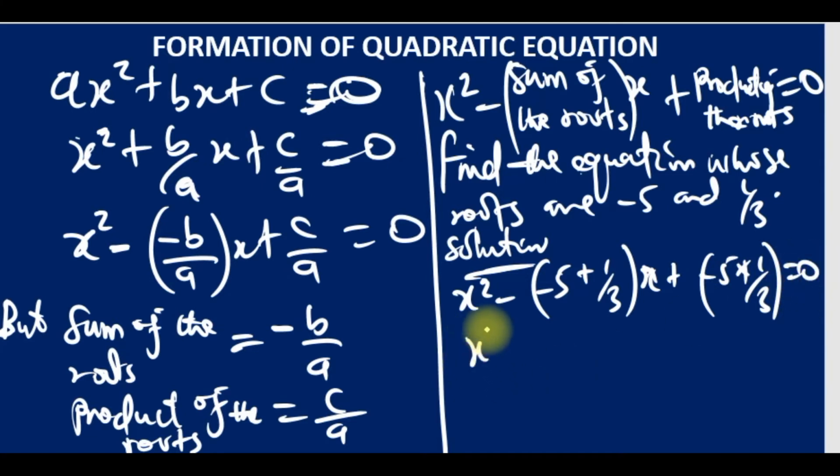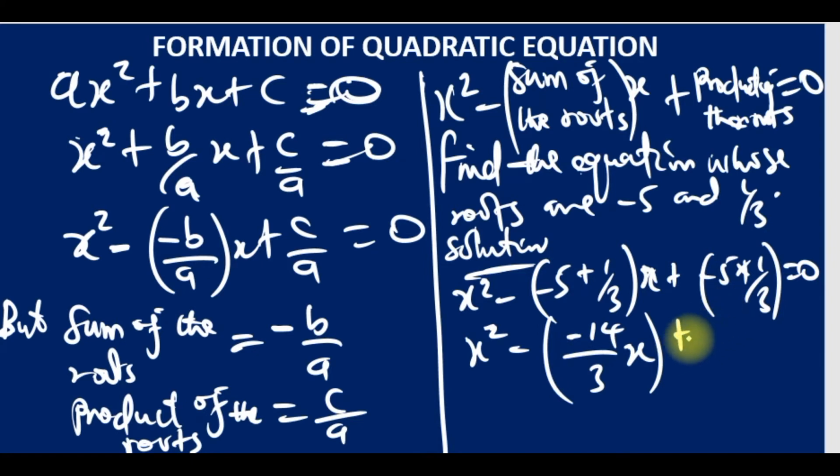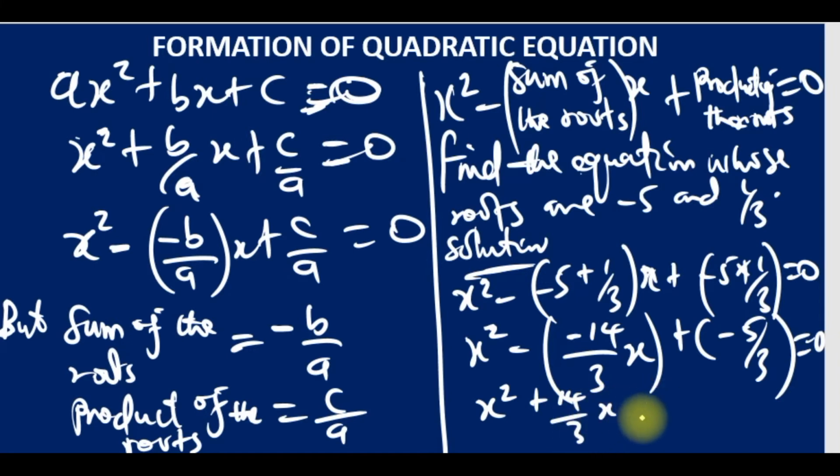So we have x squared minus, LCM 3, minus 15 plus 1 is minus 14, x plus minus 5 over 3 equal to 0. So we have x squared plus 14 over 3 x minus 5 over 3 equal to 0.